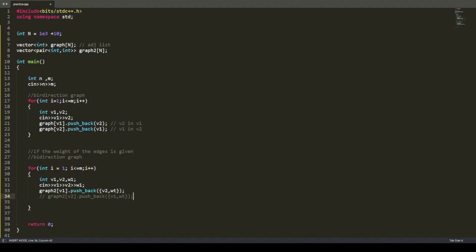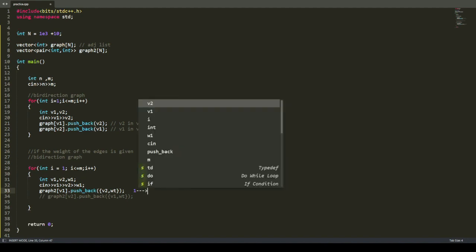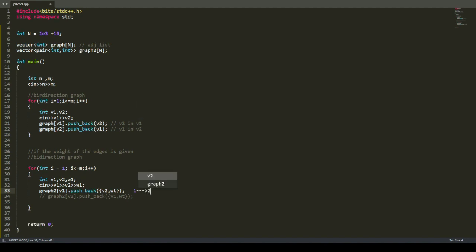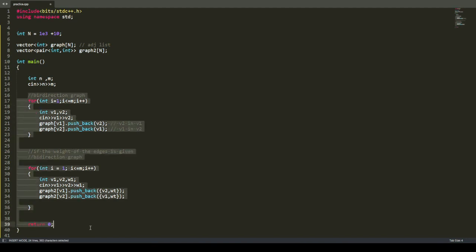If there is a directed edge, basically if we have node 1 pointing to node 2, then we only take input in 1 and push 2. So this is the logic. Right now it is a bidirectional graph, so we put both along with the weight. So it is simple. This is how we can declare a graph in an adjacency list along with its weight. So thank you.